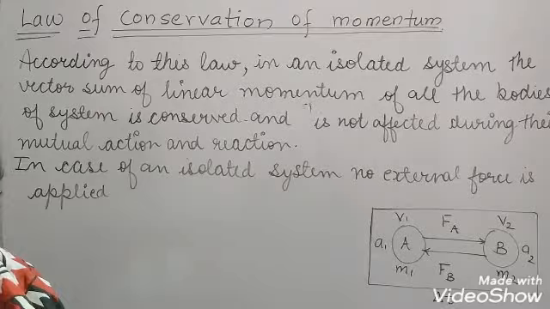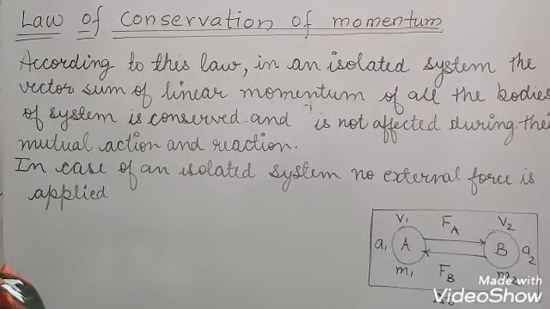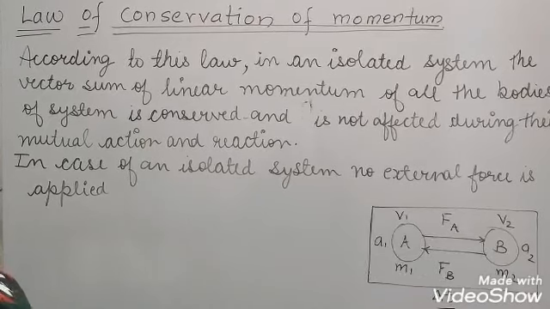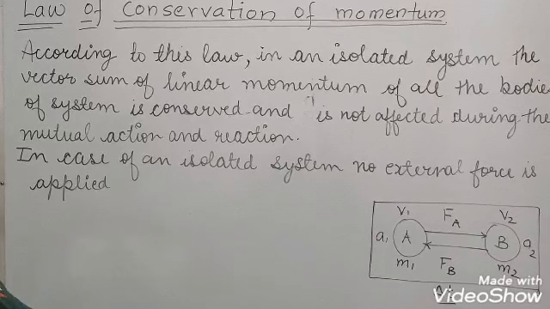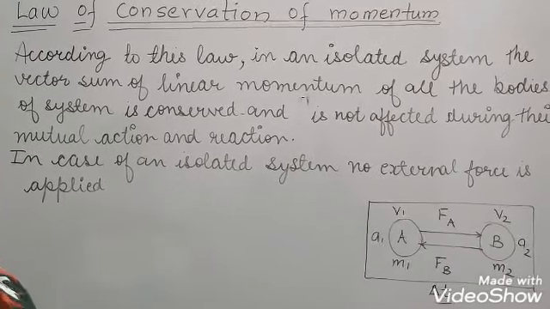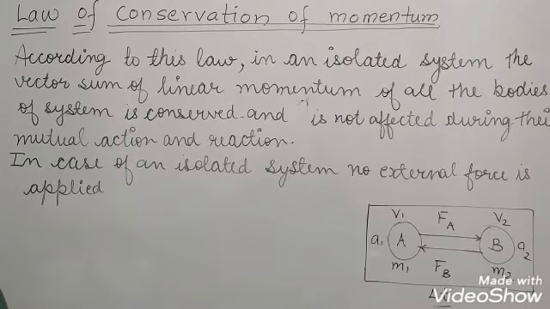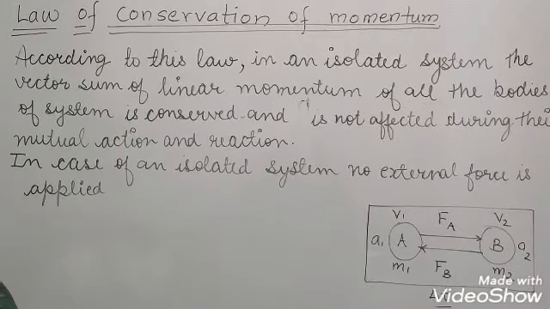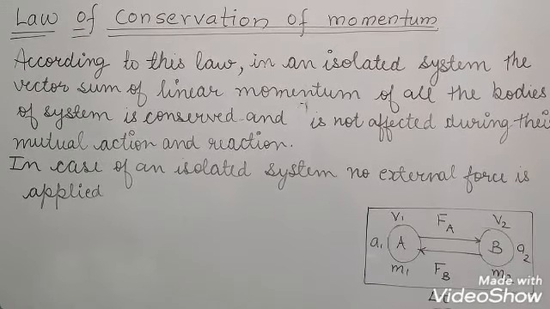Law of conservation of momentum. The statement is, according to this law, in an isolated system, the vector sum of linear momentum of all the bodies of the system is conserved and is not affected during their natural action and reaction.